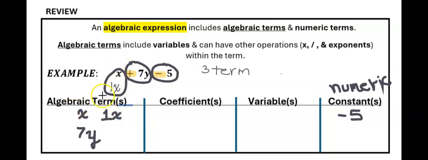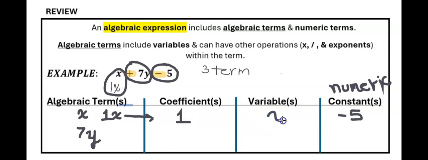All right, now that we've identified the algebraic terms and the numeric terms or the constants in that expression, let's break it down even further. So when you look at the algebraic terms, they have coefficients on them. So you can identify the coefficients, the number being multiplied. Remember, that's what that means. And we have our first term, the 1x, the coefficient is 1.